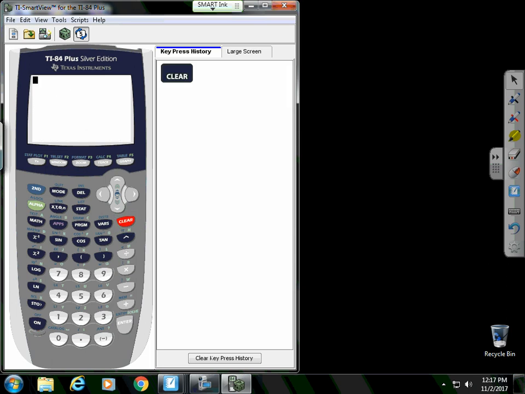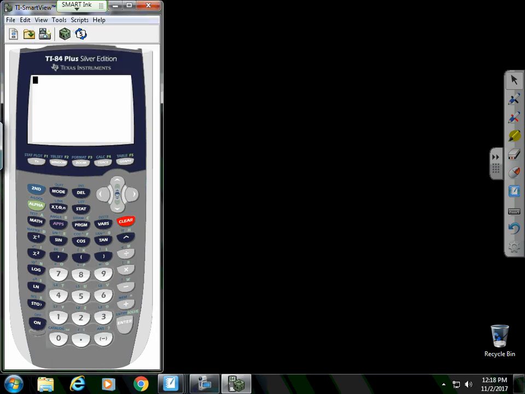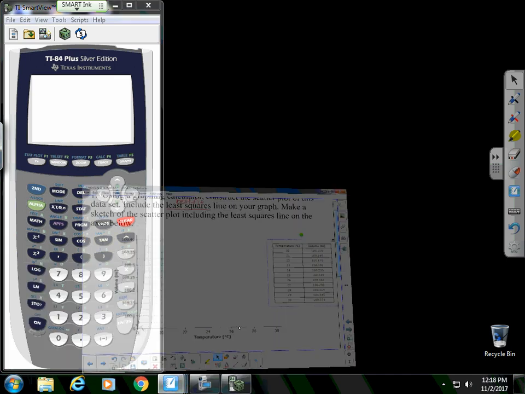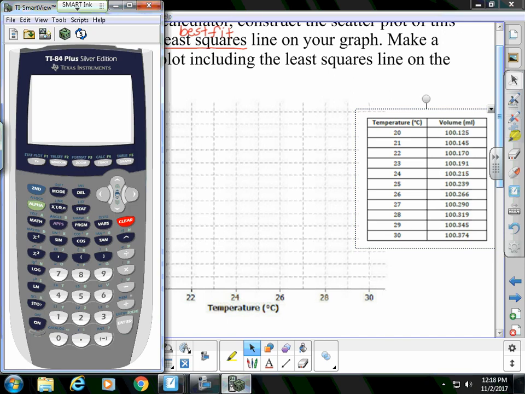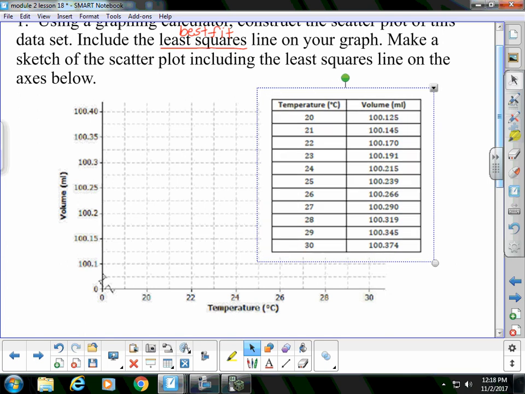See, I've already made one. And I'm going to clear my calculator so I can start from scratch. Okay, so I want to take this table of values and put them in my graphing calculator.